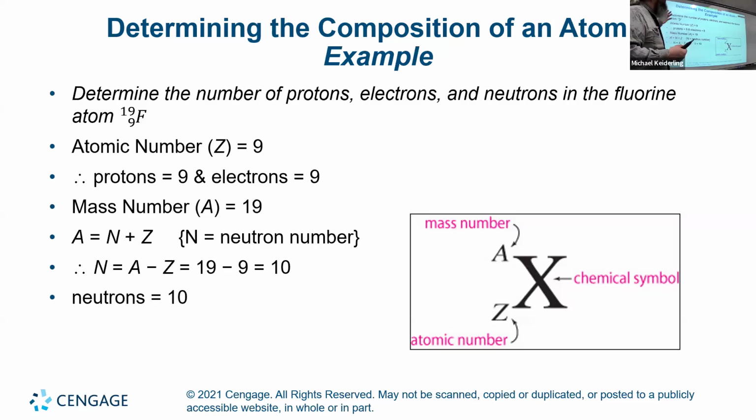And for most of these smaller elements, the number of protons and neutrons will be about the same. Though when you get to heavier stuff, you end up starting to have more neutrons. Because it turns out you need more neutrons to keep things stable.